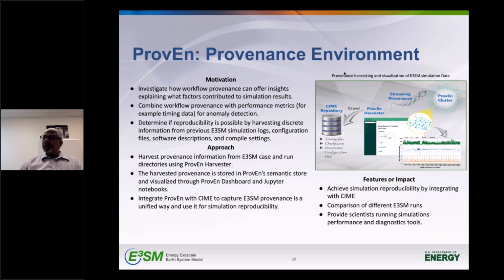Some of these experiments run for days, if not months, and with these changes, they tend to impact the throughput performance of the model. By going through this provenance information of the performance, we can monitor if there is a degrading of the throughput, and then work with the facilities to understand what changes might have happened and why this performance is impacted.